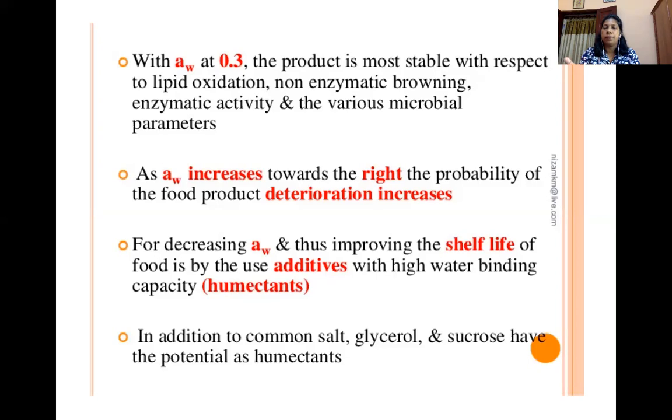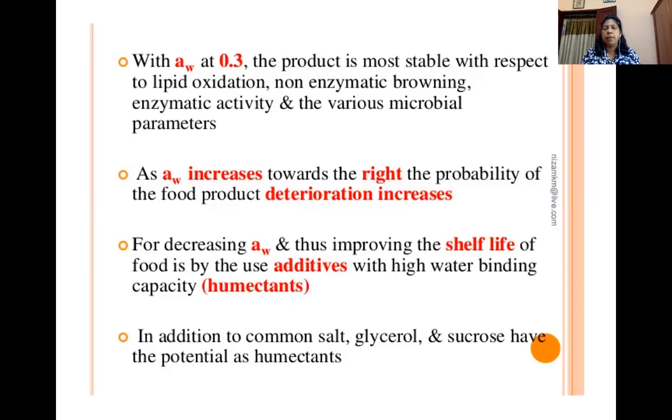Glycerol also binds this H2O molecule, and then it produces glyceraldehyde, and then it can bind with the water. And in the other case, sucrose also has plus and minus areas in the sucrose molecule. Therefore, the sucrose can bind the water molecule.